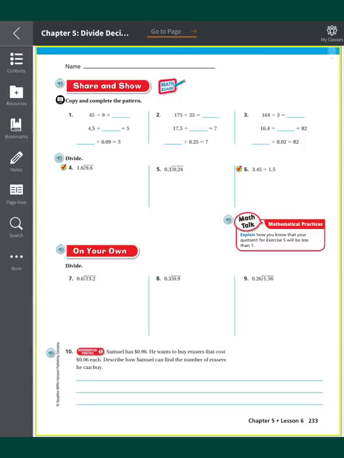Okay, let's look at the patterns here. So here it's just showing you the pattern that when you multiply by powers of 10, it's going to equal the same thing. So if I have 45 divided by 9, that's equal to 5. 4.5 divided by 0.9 is equal to 5.